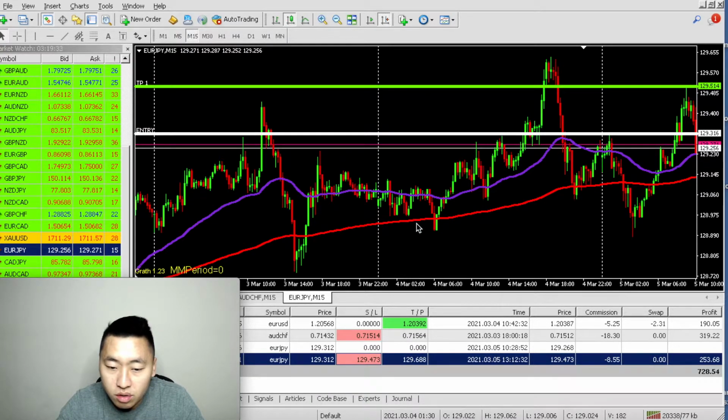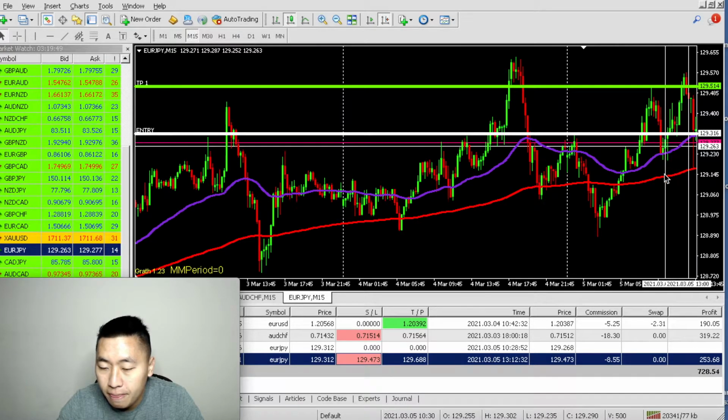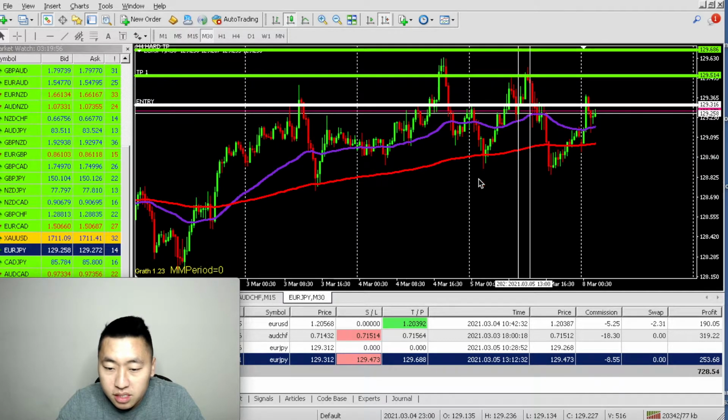All right, so I'm a trend trader. Whenever price is strongly going up, and even though it pulls back, I use the moving average 50 and the moving average 200 as support and resistance. As you can see, my entry right here, if you go through multiple time frames from M15 to daily, it's above all moving averages.